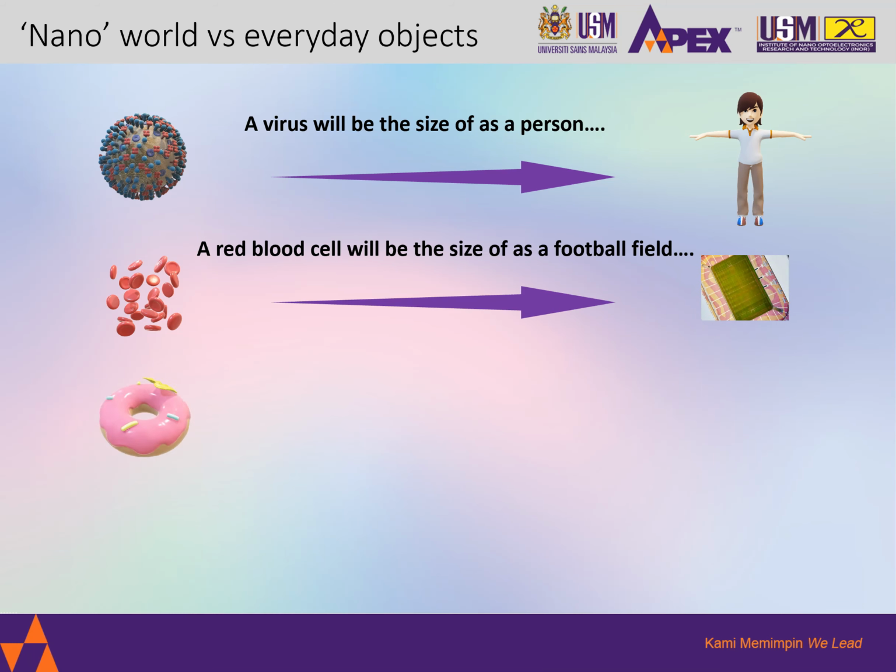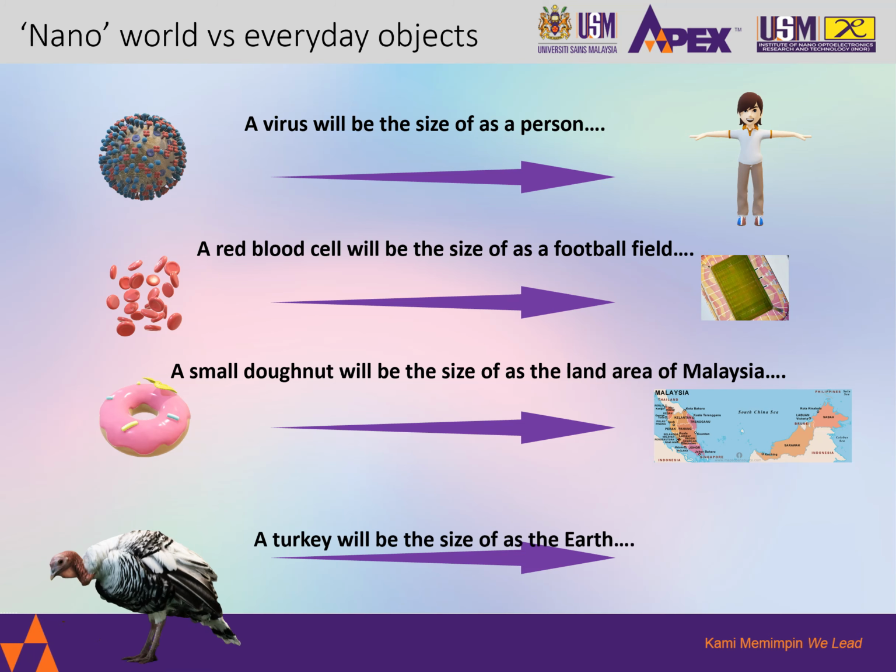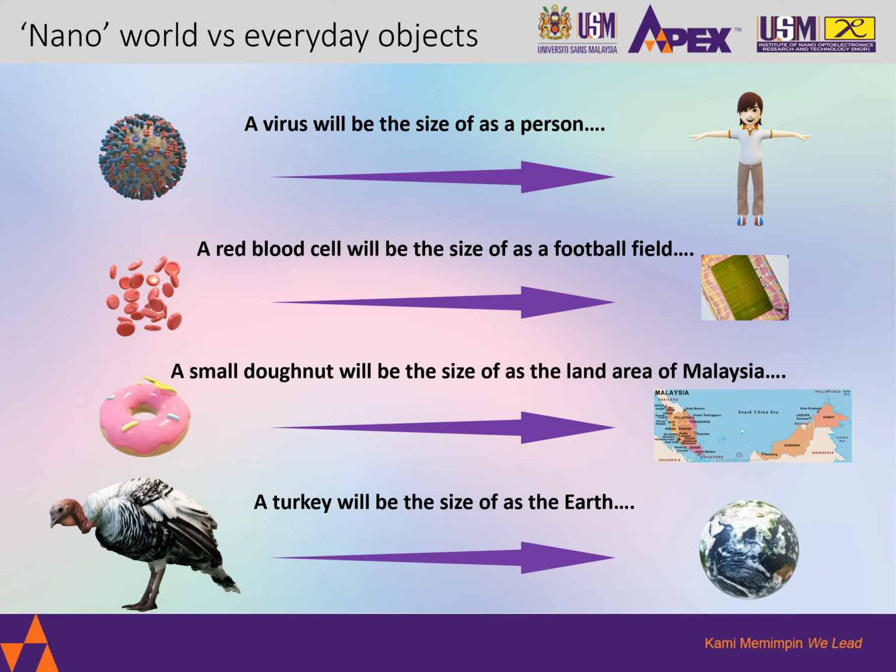A small donut will be roughly the size of Malaysia, the land area of Malaysia, and a turkey will be the size of the earth. That is the comparison of the size of a nanoparticle to our everyday objects, so that we can appreciate the scale of the nano world.